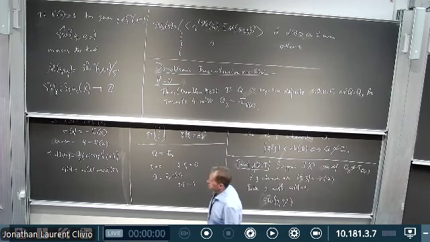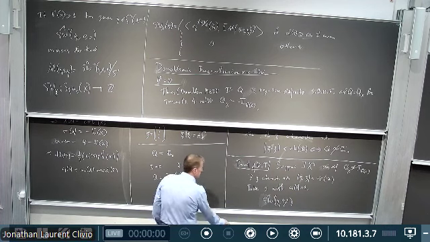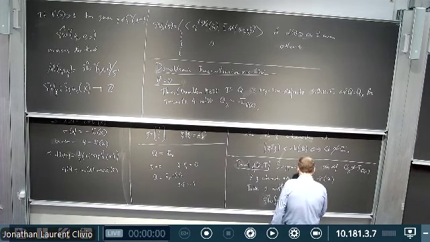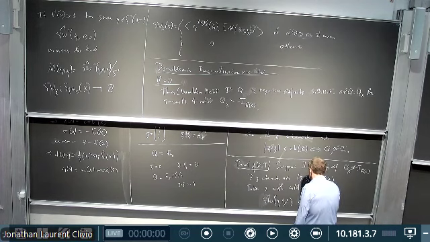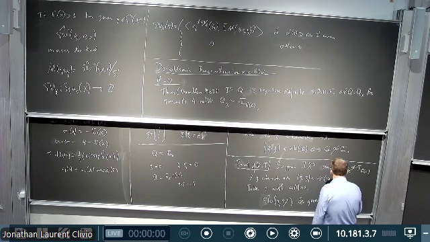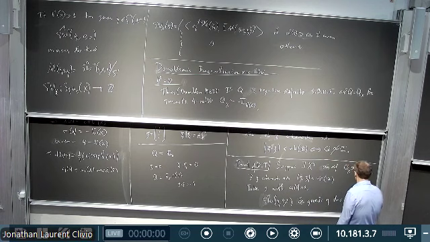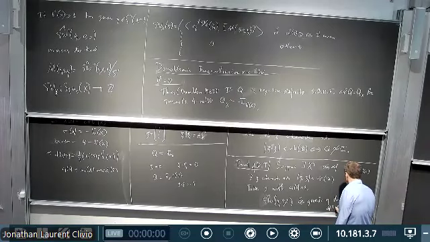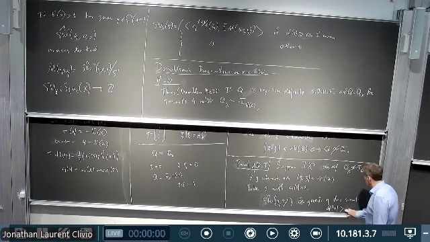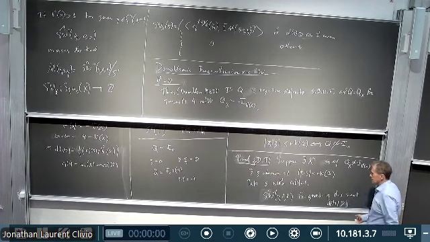But we know that for generic eta, this is a smooth d of S plus 1 dimensional manifold, and d of S is positive.